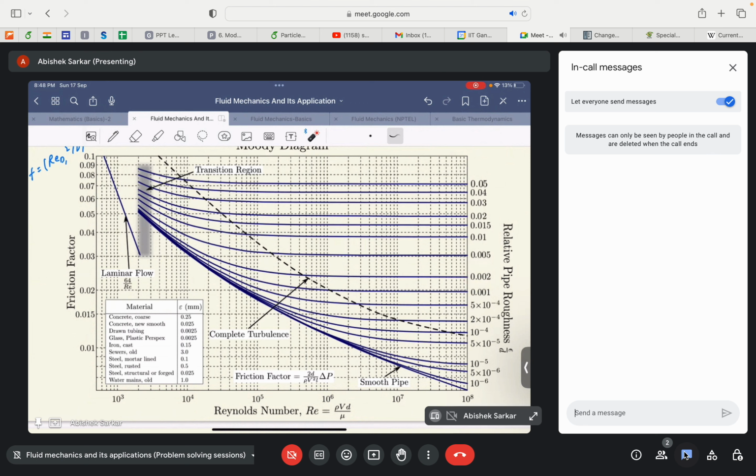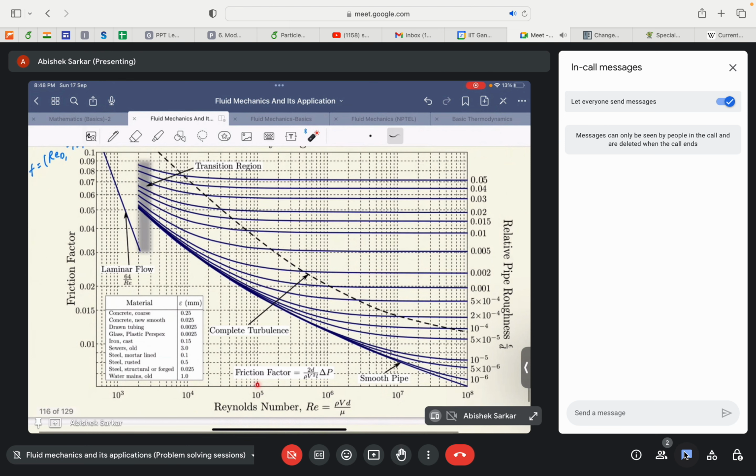Then if we have the Reynolds number, say we found that the Reynolds number of our flow field is 10 to the power 5, okay. So if we go from here, 0.002, this is the line, okay. Now for 10 to the power 5, we go right here at this point, right.